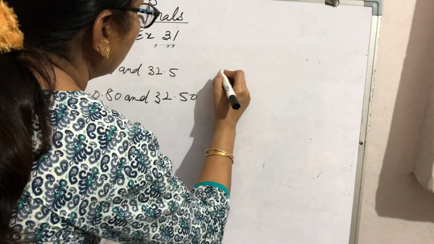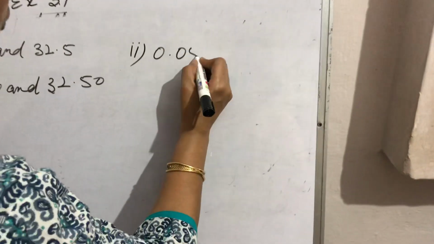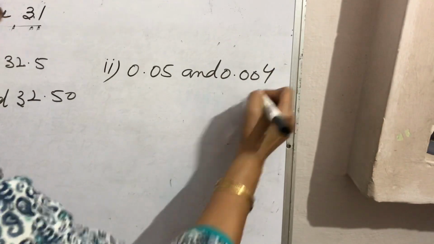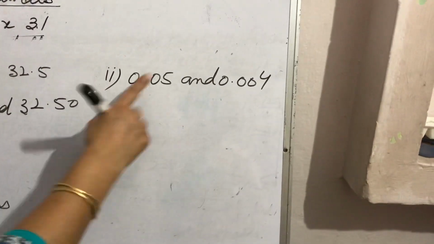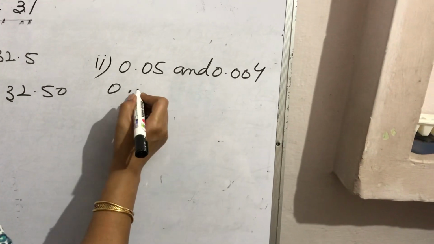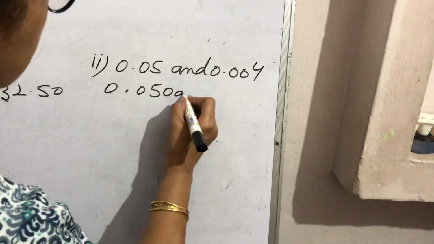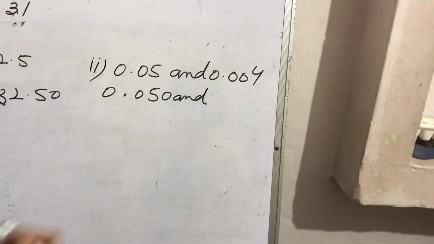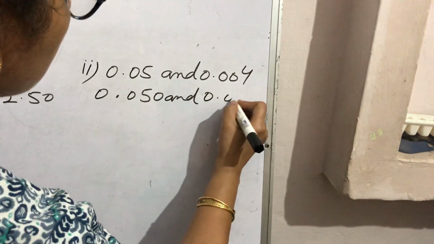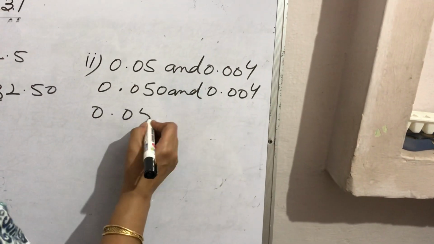So the second part of the same question. This is 0.05 and 0.004. Again, first of all, convert into like decimals. 0.050, and because 3 digits are in the decimal part, that's why we use 3 digits. 0.004, 0.050.